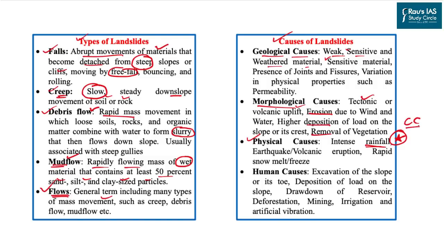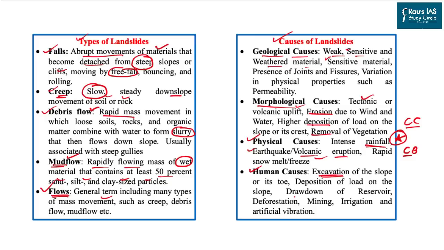Because of climate change, what we are observing is a high degree of rainfall instead of snowfall in the Himalayan region, and this has led to flood-like situations in the hilly areas of the Himalayas. Apart from this, we are also subjected to earthquakes, volcanic eruptions and rapid snow melting. It also includes cloudburst activity. And lastly, we have human causes, which include excavation activities on the slopes of hill areas.